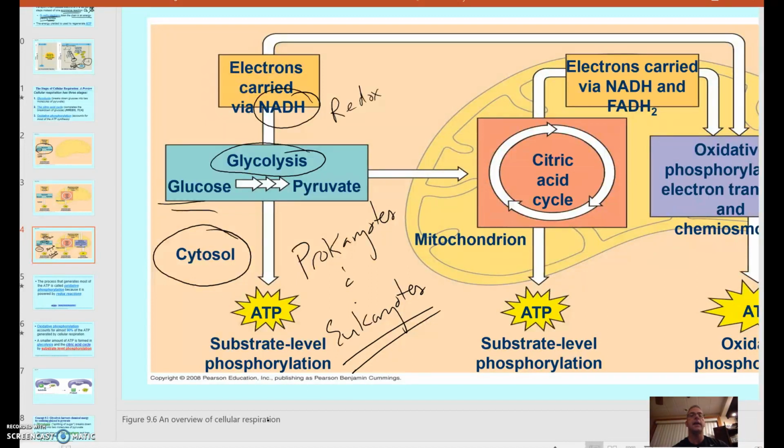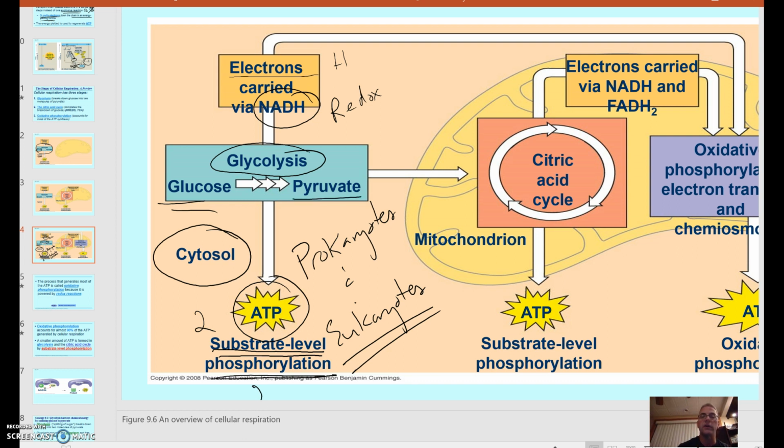And that's going to carry with it electrons and hydrogens. We're also going to produce a little bit of ATP, which we're going to see is going to be equal to 2 molecules. Put that right there, 2 molecules of ATP. That's coming through what's called substrate level phosphorylation. I'm going to go over that here in a minute, but that's important to know that mechanism that's at play.